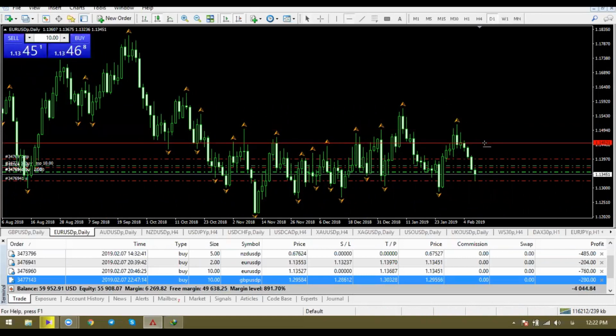Let me tell you the reason. Look here. For the trend change validity, one is that it gets formed on the top. If it's filled, it's one validity.